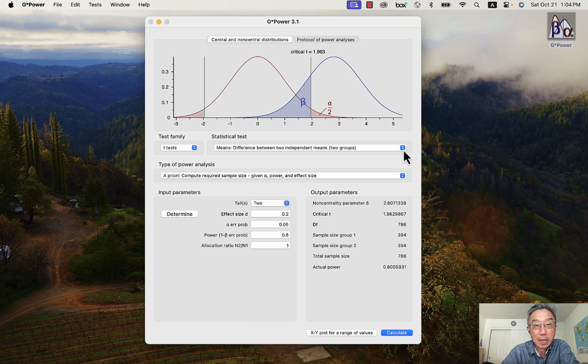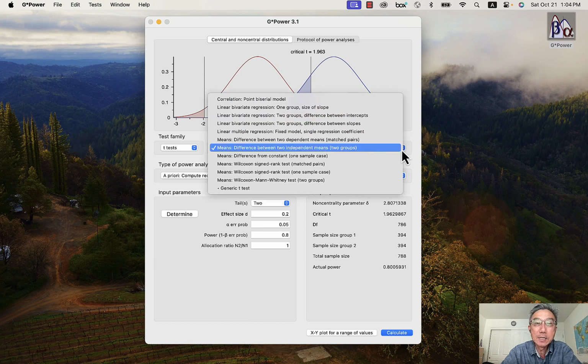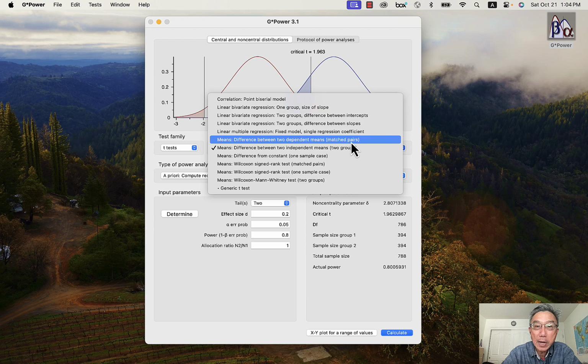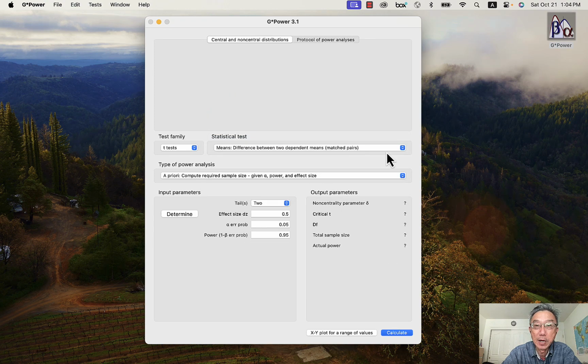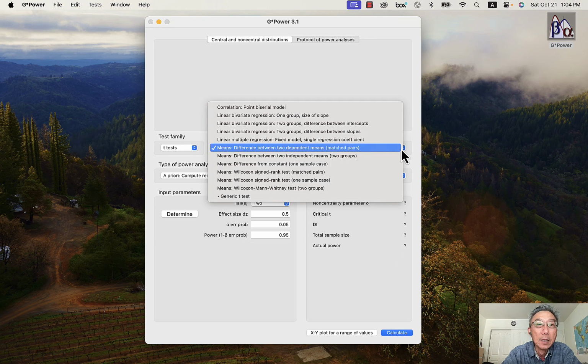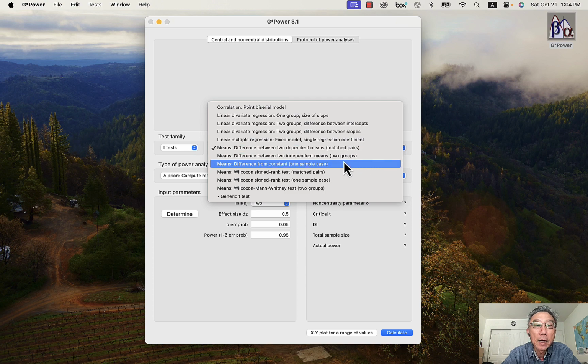Okay, so using this tool, we can also run power analysis for matched pairs, or we can even run, let's see, they should have the one sample case.